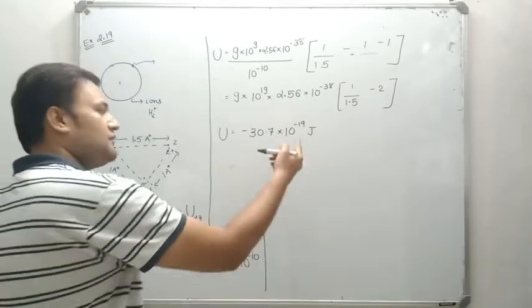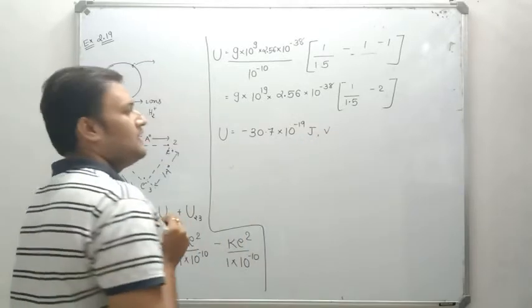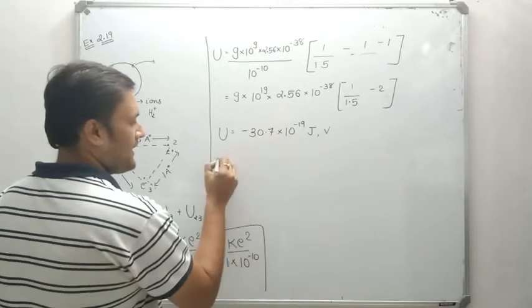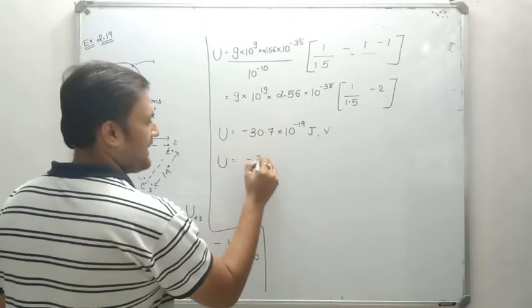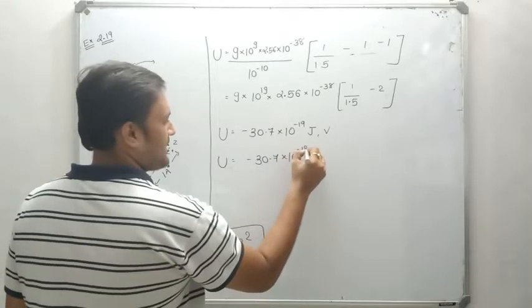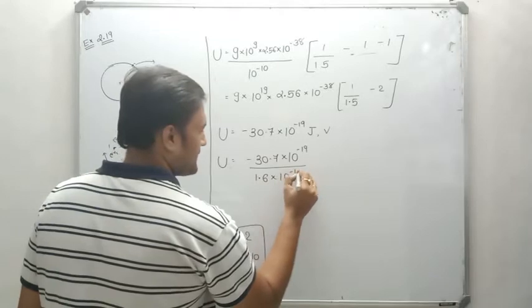We convert it into electron volts. So U is equal to minus 30.7 into 10 raised to minus 19 divided by 1.6 into 10 raised to minus 19.